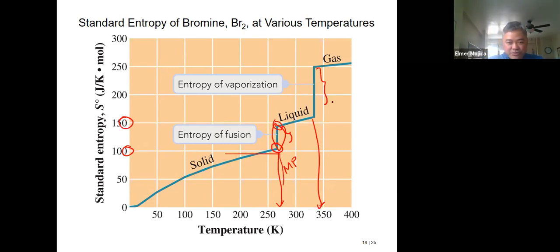And it's much worse when you go here from the entropy here going to that one because the system becomes more disordered. Everybody got that? Yeah, understood.